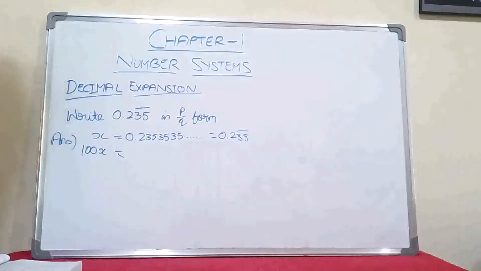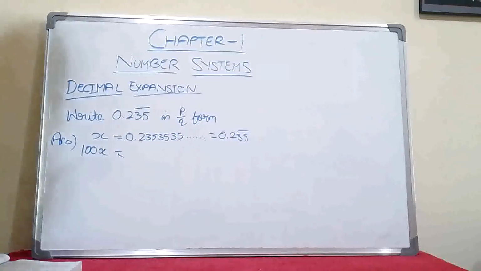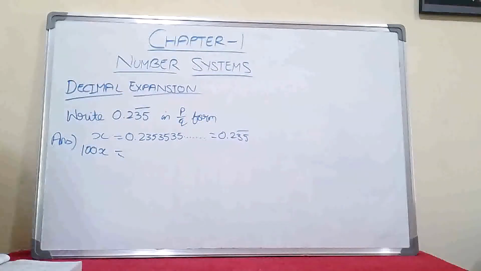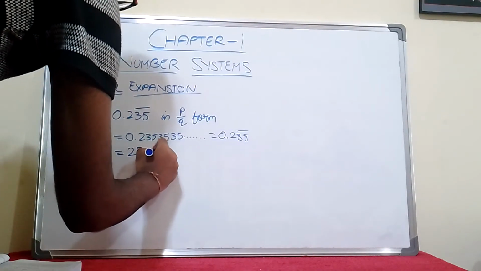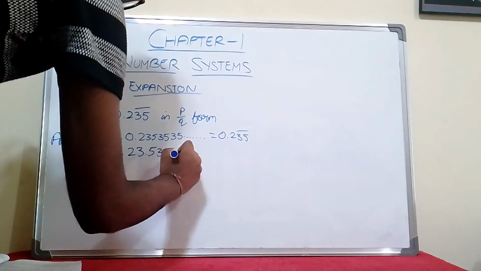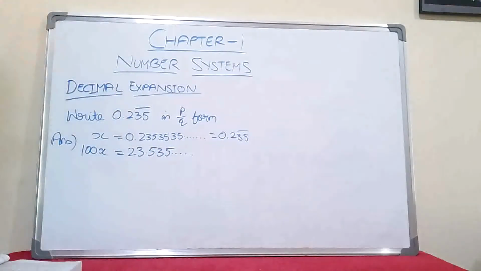So likewise we are going to do it with 100. Now when we multiply both the sides by 100, we get here 23.535, and it goes on. So here we are going to use a different method right now.